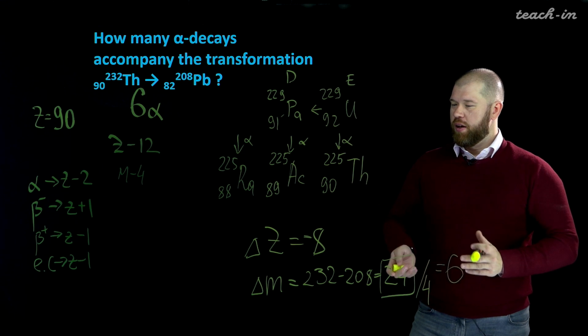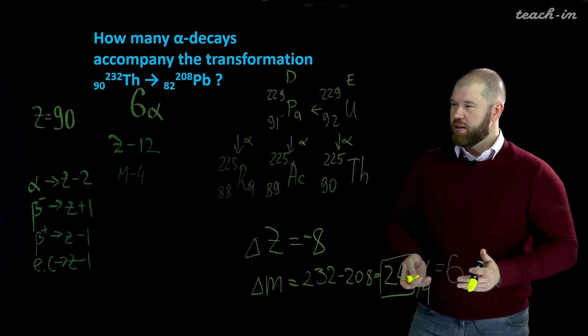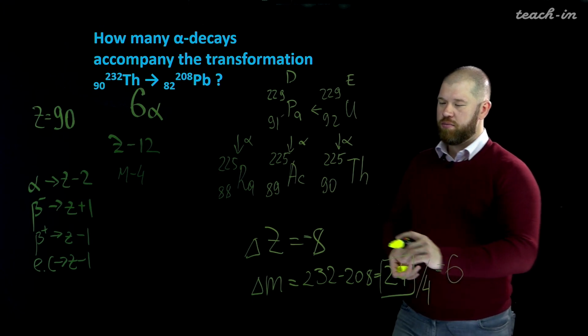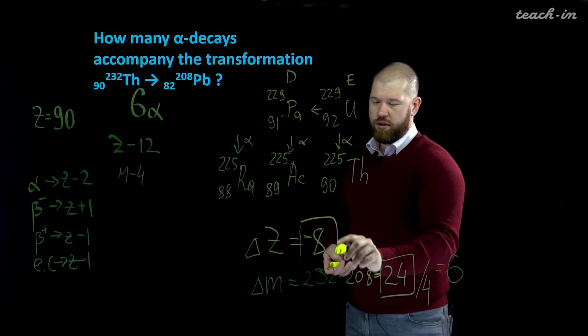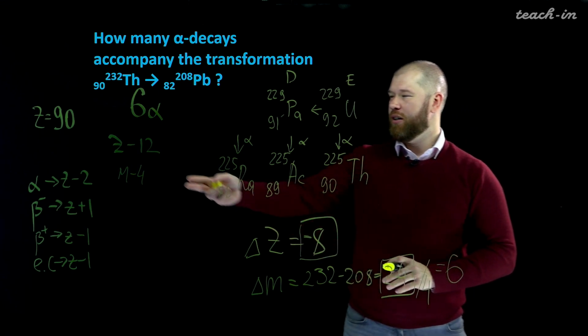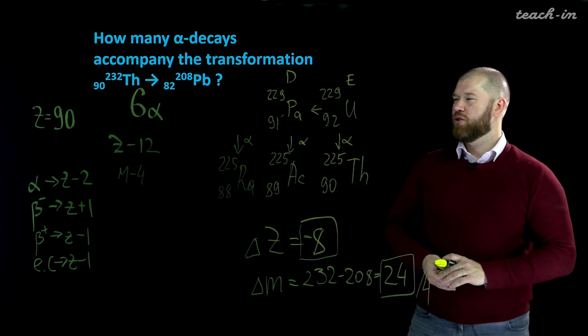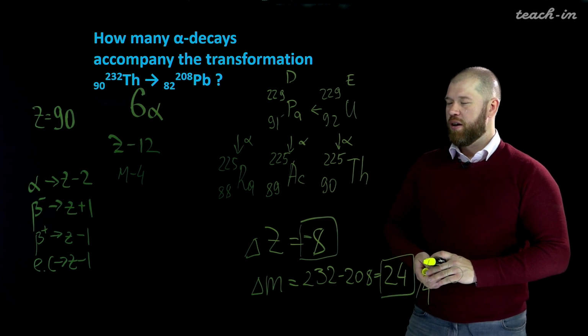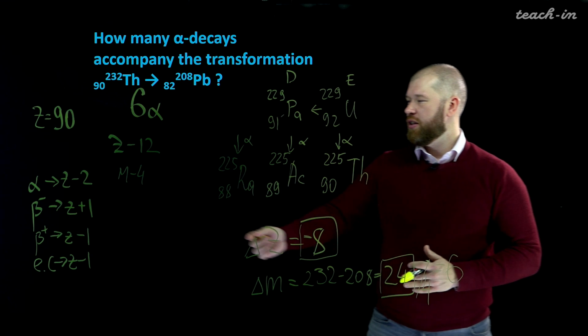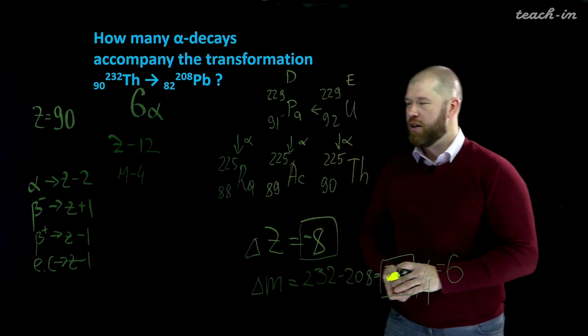That means that the difference between the observed change of charge and the calculated change due to alpha decays can be corrected by assuming beta minus decays.